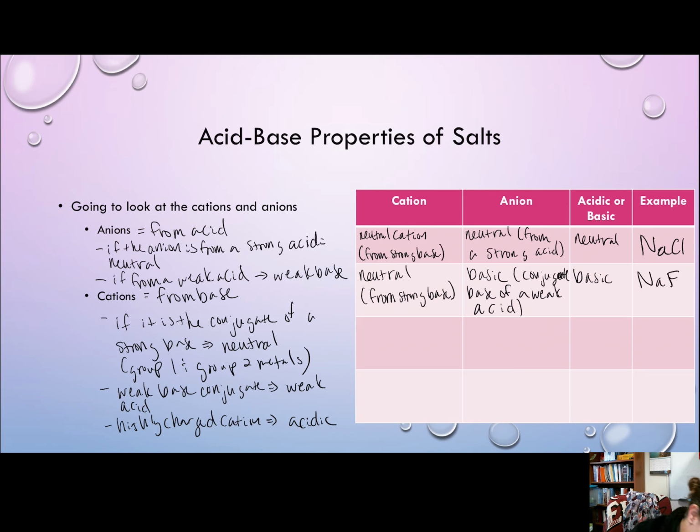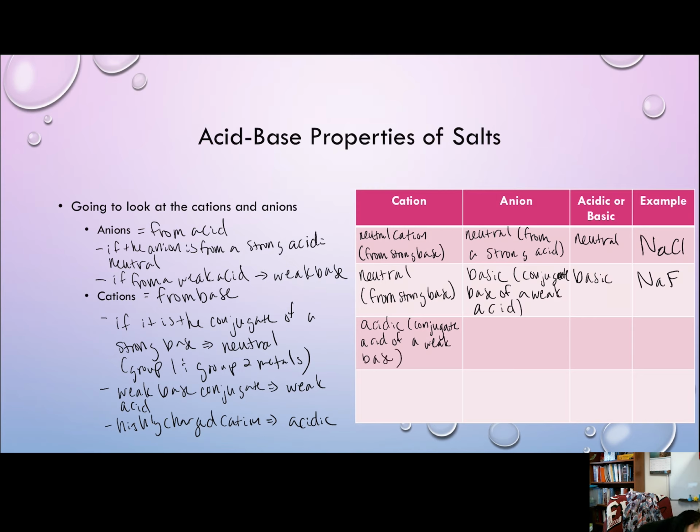Next we have an acidic cation. And it's acidic because it is the conjugate acid of a weak base.